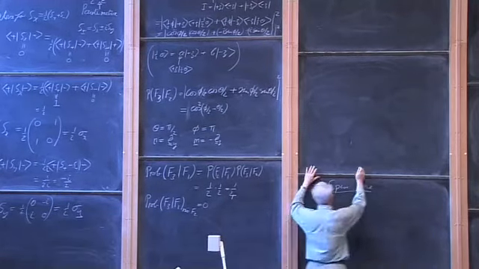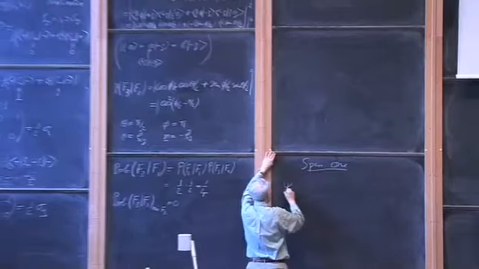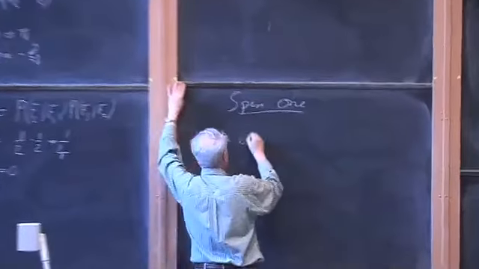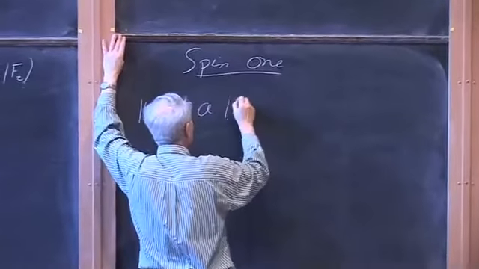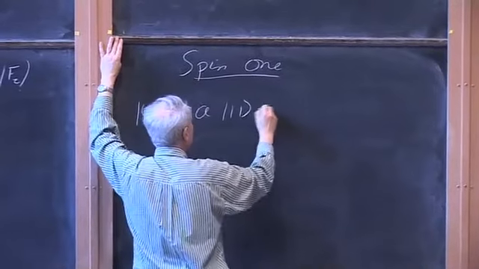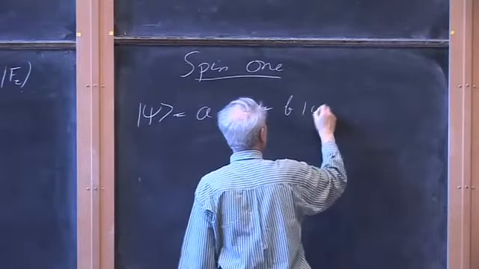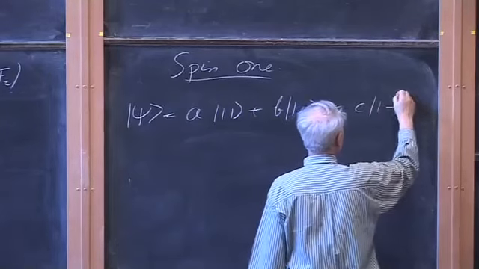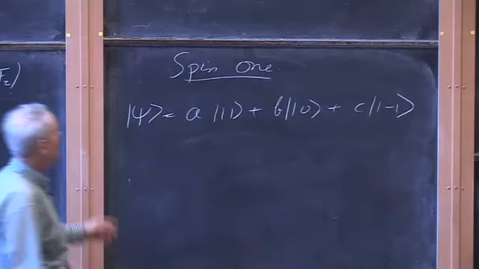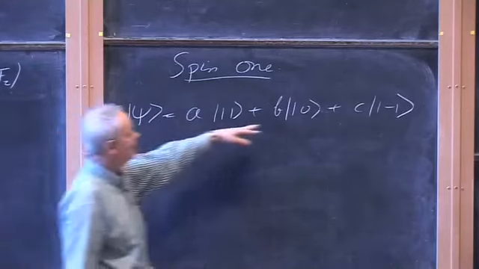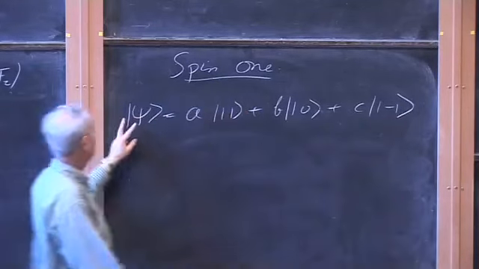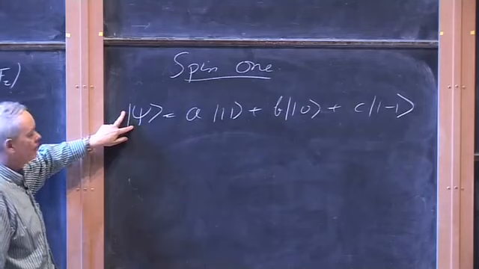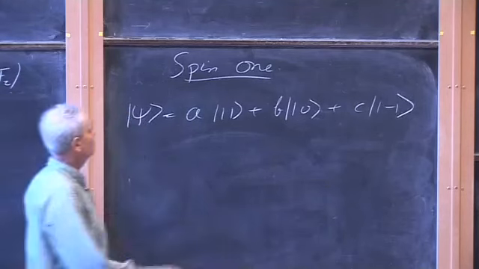So in the case of spin 1, we have that psi can be written as an amount of |1,1> plus an amount of |1,0> plus an amount of |1,-1>. So there are 3 complex numbers needed to define the orientation of the spin of a spin 1 particle.